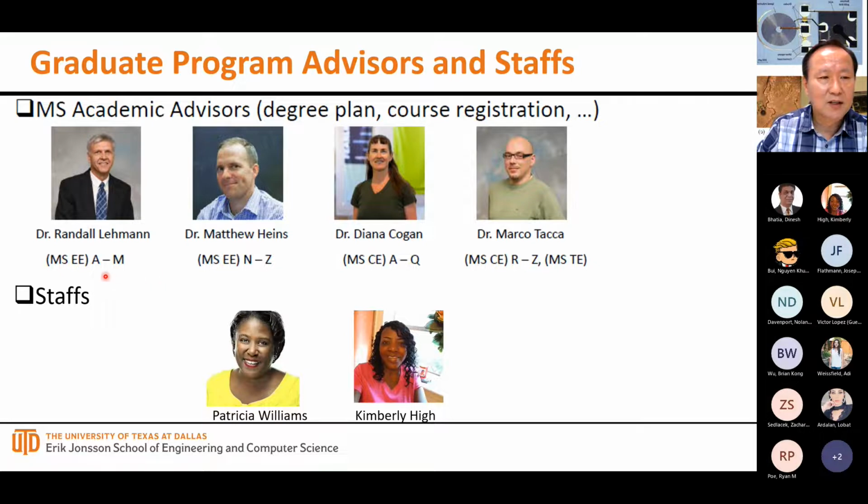If you are in the EE master's program, Dr. Randall Lehman is your advisor if your last name starts with A to M, and Dr. Hines is your advisor if your last name starts with N to Z. If you are in the MSCE computer engineering program and your last name starts with A to Q, Dr. Kogan is your advisor, and Dr. Taka is your advisor if your last name starts with R to Z. And we have wonderful staff in our ECE graduate program.